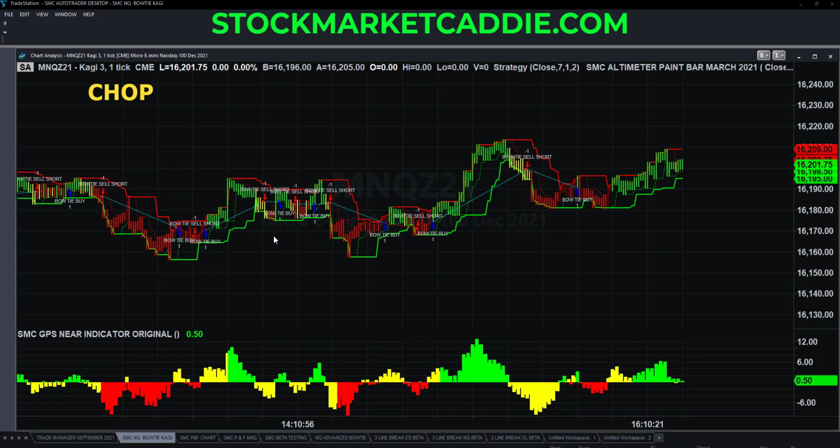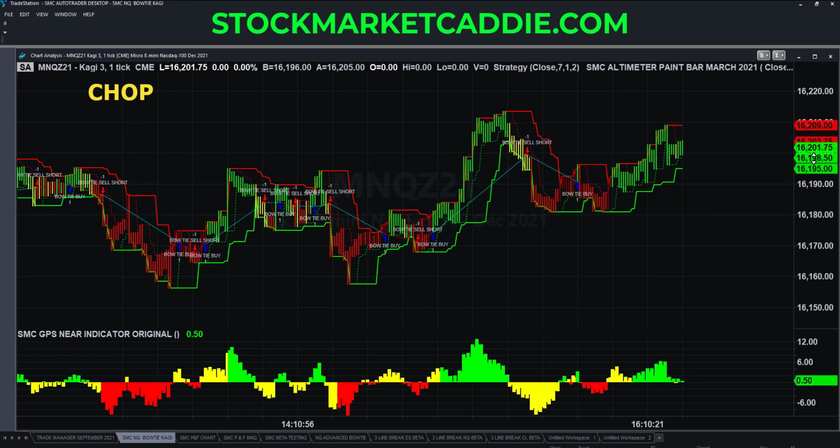This happens to be the MNQ. My other workspace wasn't loading quick enough, but this is a Kagi chart, and this happens to be the dual fairway, and this is set very tight. The inner channel is set at 3, and the outer channel is set at 12. You can experiment and see what you see.